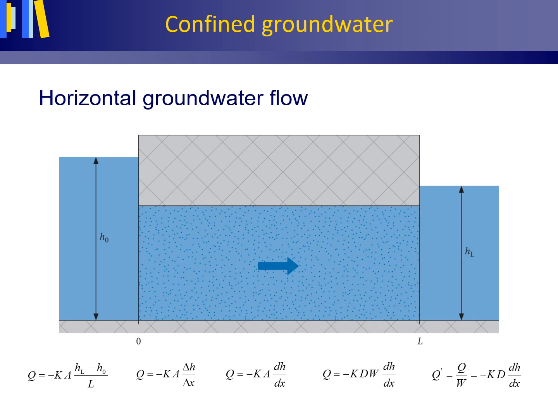Because the aquifer is homogeneous, the hydraulic conductivity K has the same value for every horizontal position x. The saturated thickness or depth D is also constant for every horizontal position x.